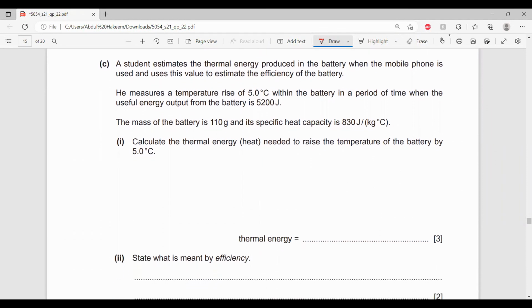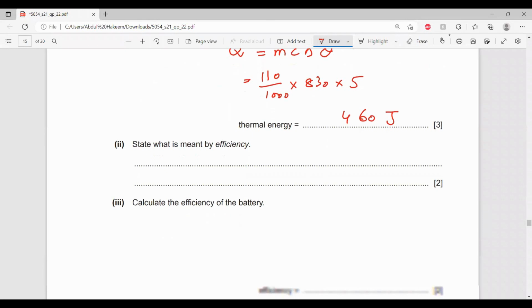The temperature is changing, so we write Q is equal to mc delta theta. The mass in kilogram is 110 gram divided by 1000, specific heat capacity 830, and the change of temperature is 5. After calculation, it is approximately 460 joule.